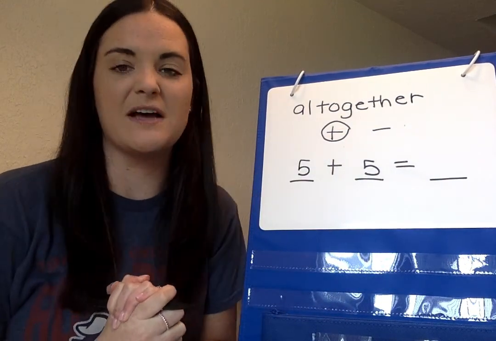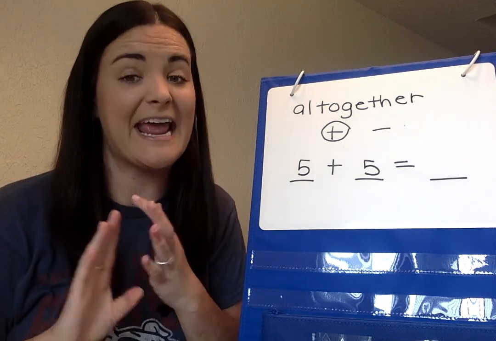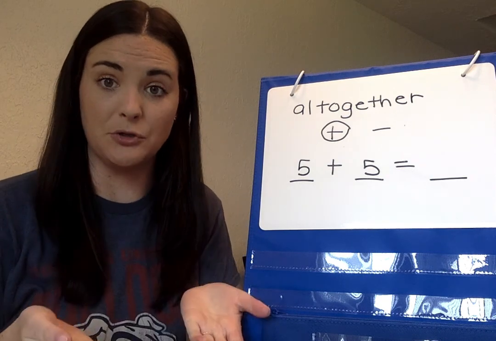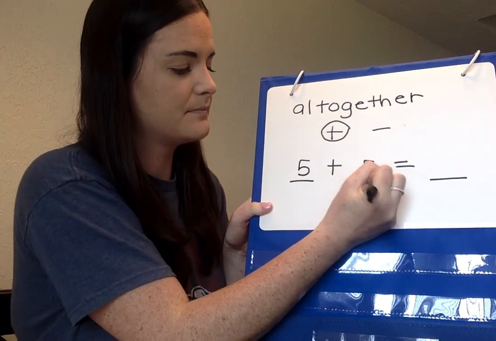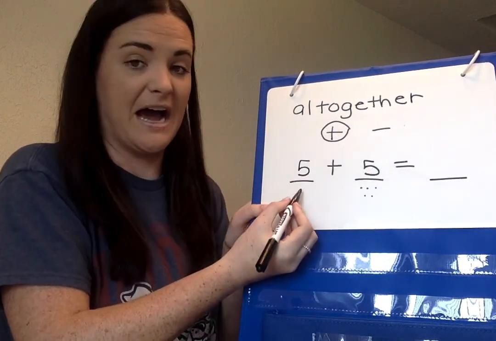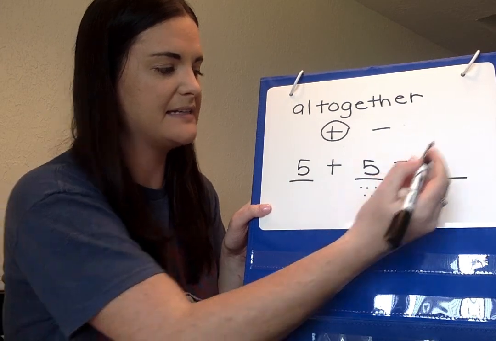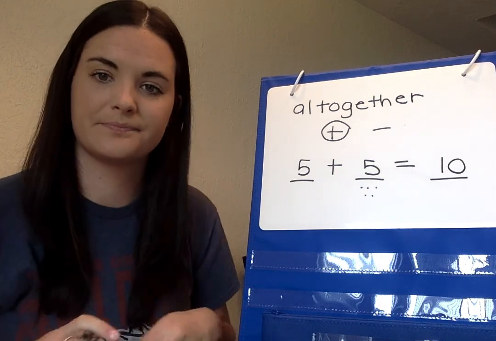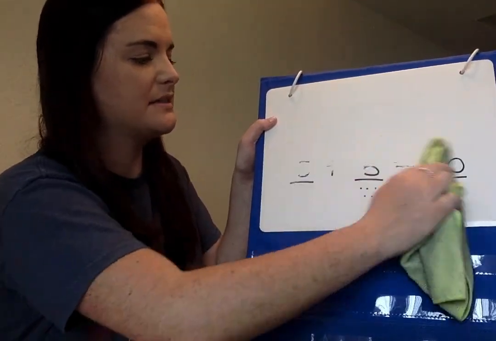So now most of us know 5 plus 5 really quickly because that's a friendly 10 and a doubles fact. But if you're not sure, you can use a number line or count on. I'm going to count on: 5, 6, 7, 8, 9, 10. 10 leaves. Nice work. Now let's move on to number 2.